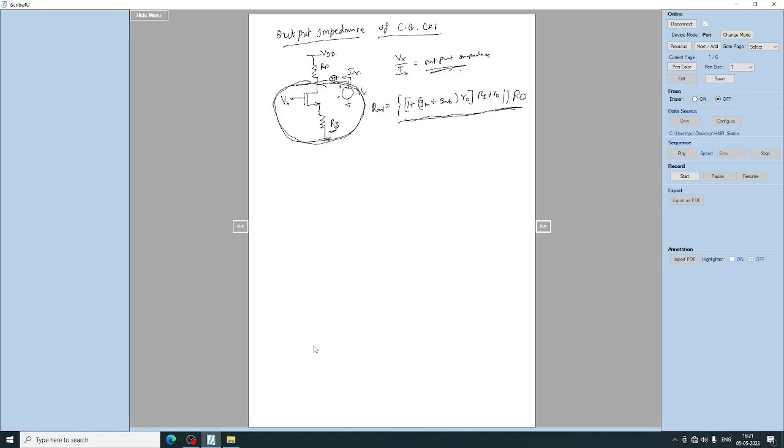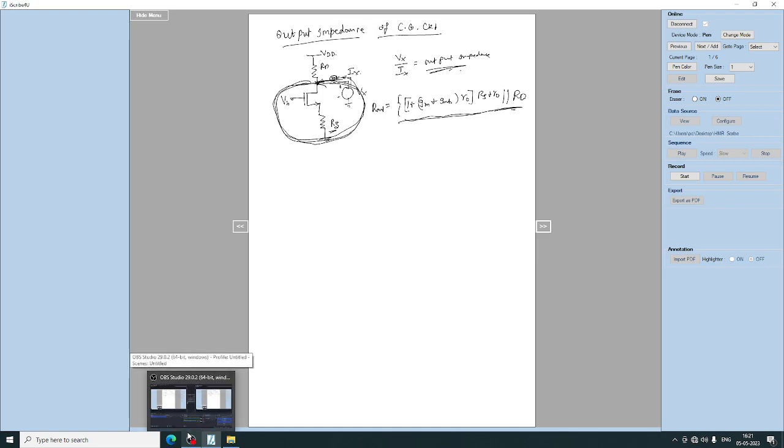For this common gate, we are calculating the impedance at the Vout terminal. Vx by Ix is this impedance in parallel with RD. So this is the output impedance of the common gate circuit.